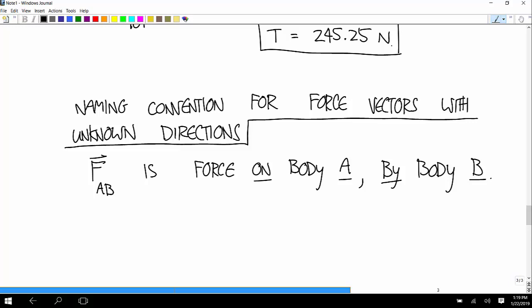But in this class, that first subscript is always going to be the body that the force is being applied to. Okay. So in other words, if you have a free body diagram of body A, all of the forces around it are going to have A as the first subscript, because it's the force being applied to that body.